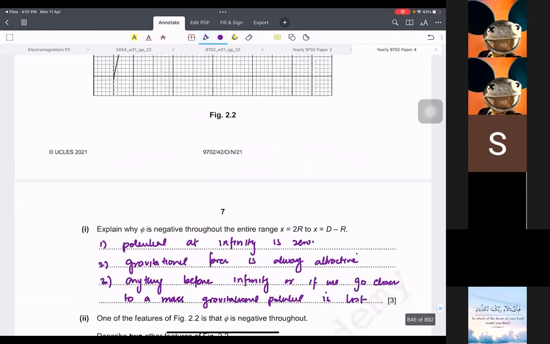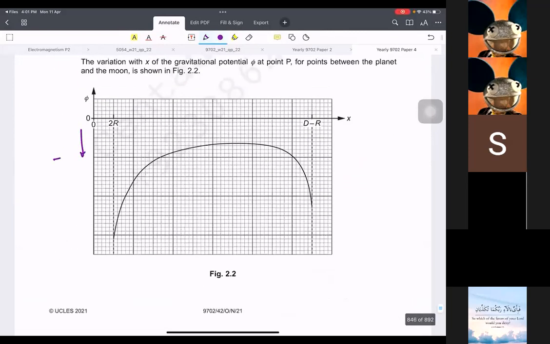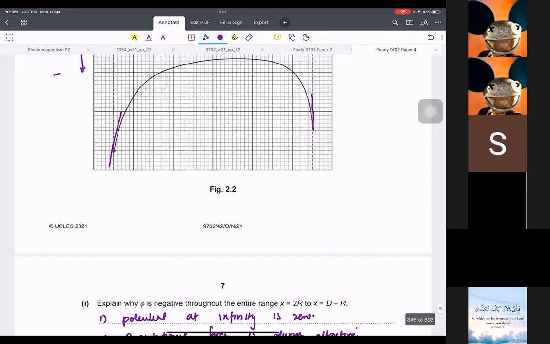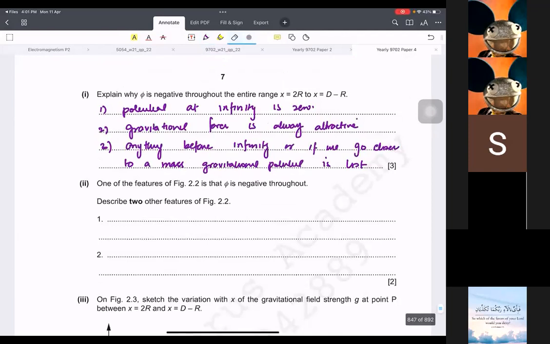One of them is that, looking at the gravitational field strength like this, there's a huge difference between these 2, which means that potential at the moon is larger than at the planet's surface.